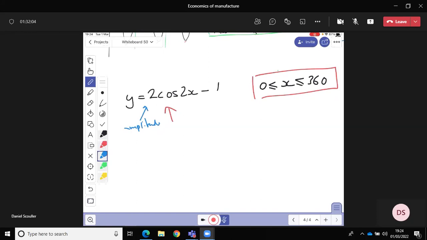Okay, we've got our new part of it. So we've got 2 full waves in between 0 and 360. And then we've got the -1, which is our vertical movement.